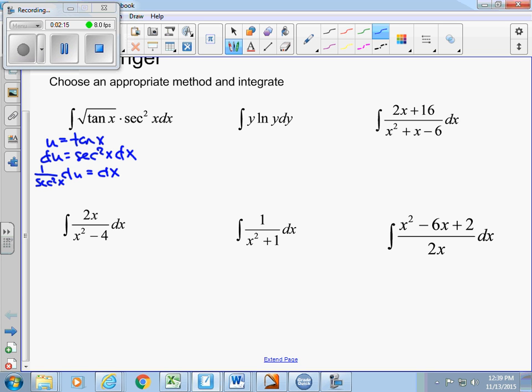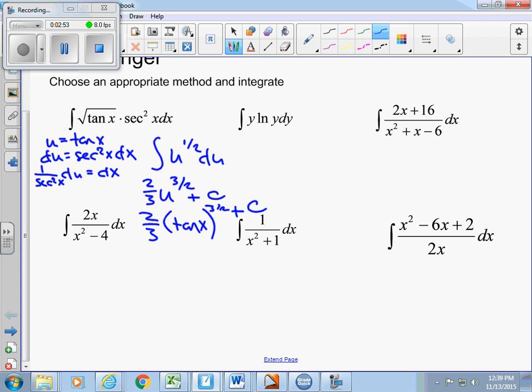Any questions so far? Okay, the secant squared canceled. Does everyone agree? And so I'm left with the integral of u to the 1/2 du. Any questions about how I got u to the 1/2 du? Okay, and u to the 1/2, u to the 3/2 times 2/3 plus c, which is 2/3 times tangent to the 3/2 plus c.